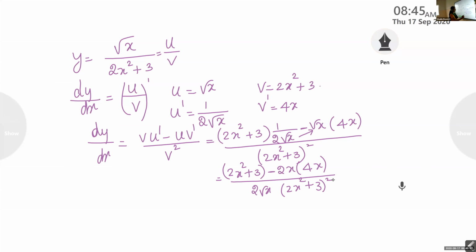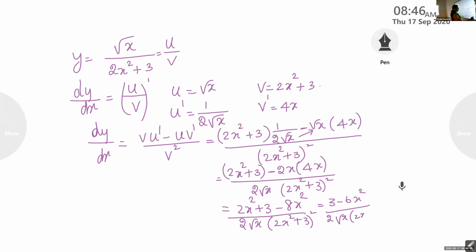Which is same as 2x square plus 3 minus 8x square by 2 root x into 2x square plus 3 the whole square. So this is same as 3 minus 6x square by 2 root x into 2x square plus 3 the whole square.